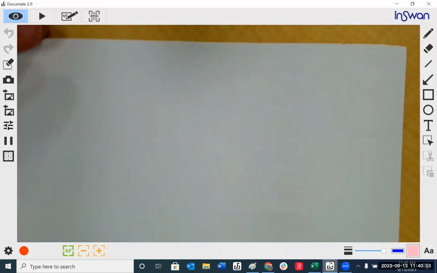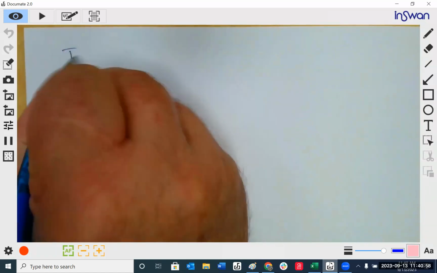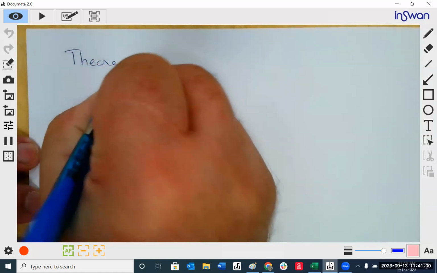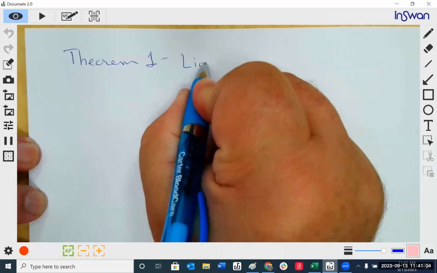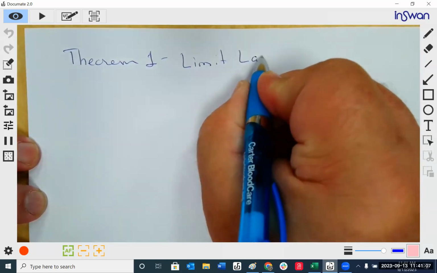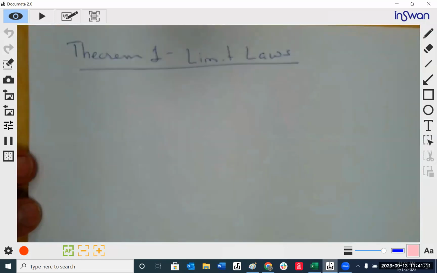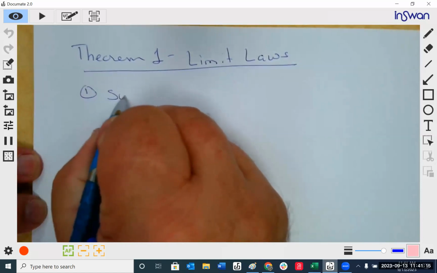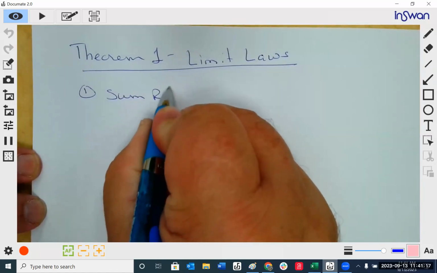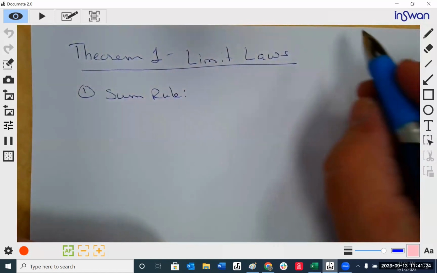Let's look at the laws. This is also a theorem. The limit laws. There are about 7 or 8 of them. Before I continue, I have to define my limits.